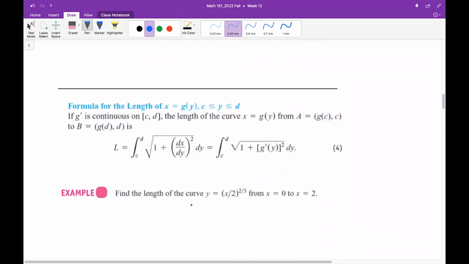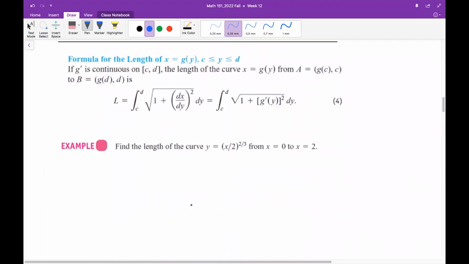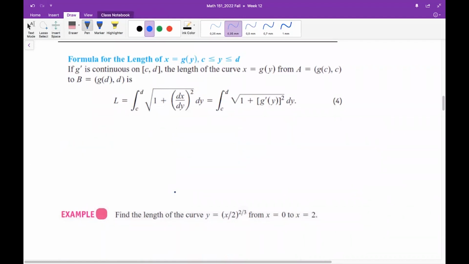Okay, before that example, I think I need to explain this part to you. We already went over this above, where you have x equals g of y curves. This time your curve will be given in terms of the y-axis, like x equals g of y.